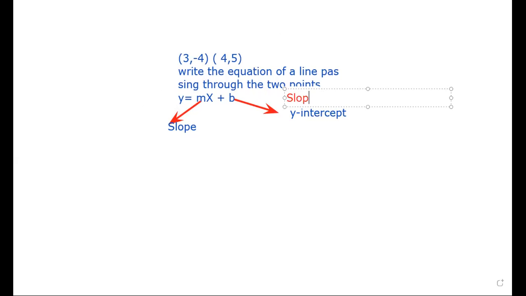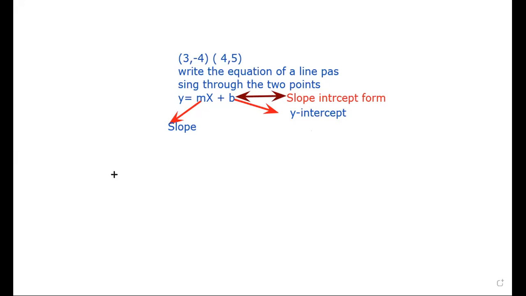Slope intercept form. Okay, so y equals mx plus b is written in slope intercept form, because we have other types of equations.